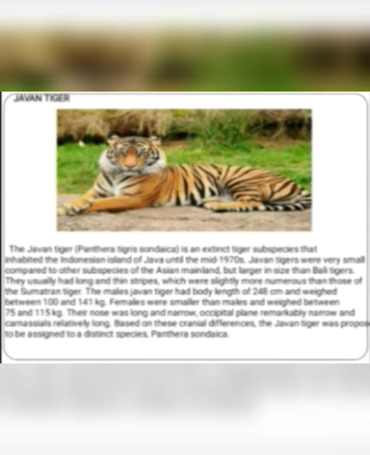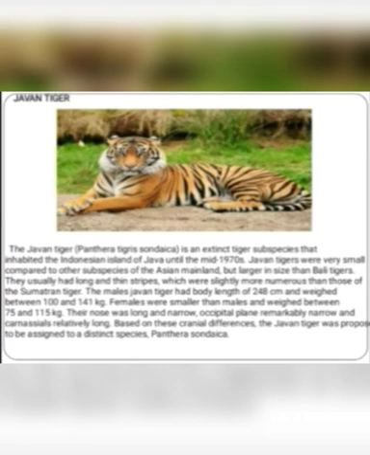Javan tigers were very small compared to the other subspecies of the Asian mainland, but larger in size than the Bali tiger. They usually had long and thin stripes, which were slightly more numerous than those of the Sumatran tiger.